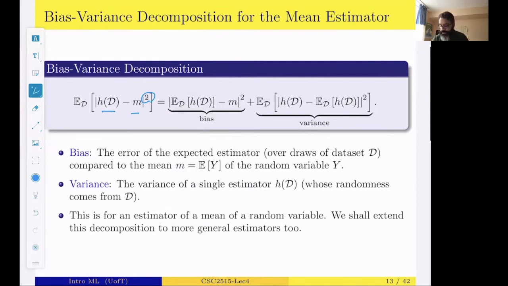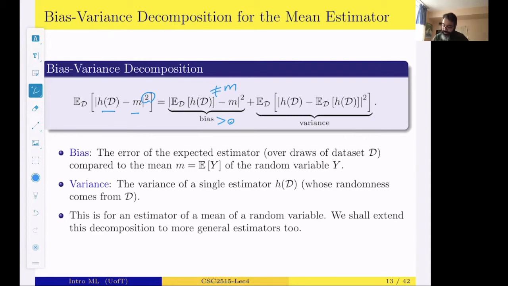The first term is the expectation of h_D minus m, squared. It basically says how far, on average, the estimator is from the true m. If it's an unbiased estimator, then this bias term would be 0. But if it is biased, the expectation of h_D may be different from m, and in that case, the bias would be a positive value.